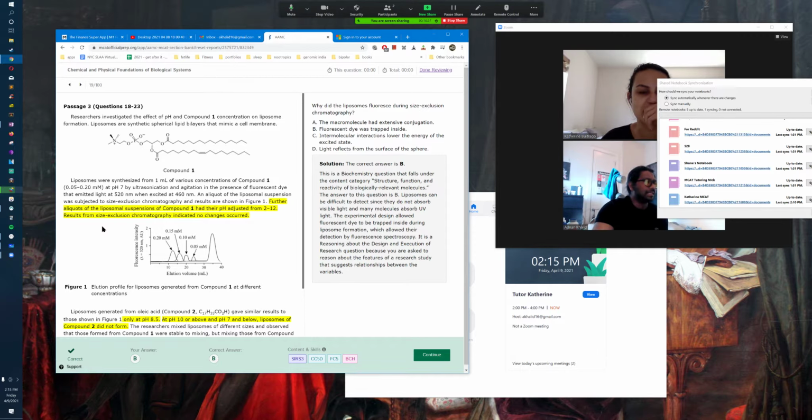Fluorescence intensity just tells you that compound 1 is there because they put in the fluorescent dye. How else are you going to know the concentration of compound 1?